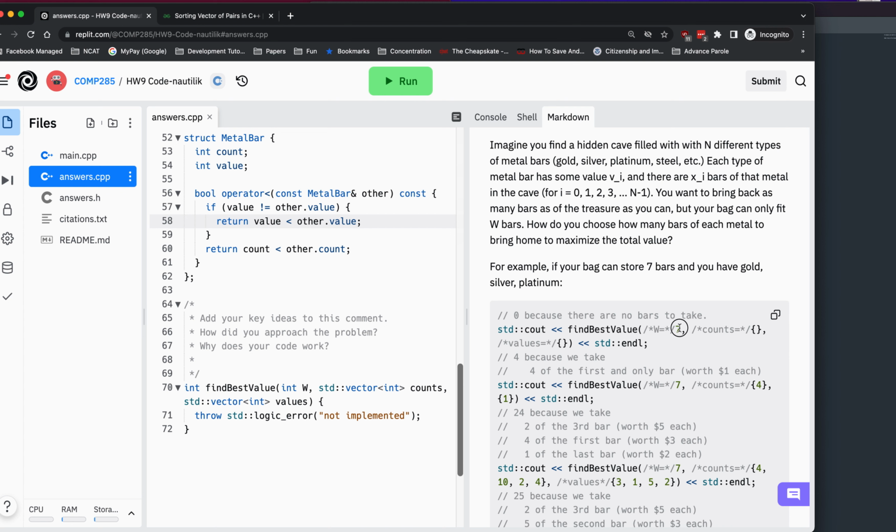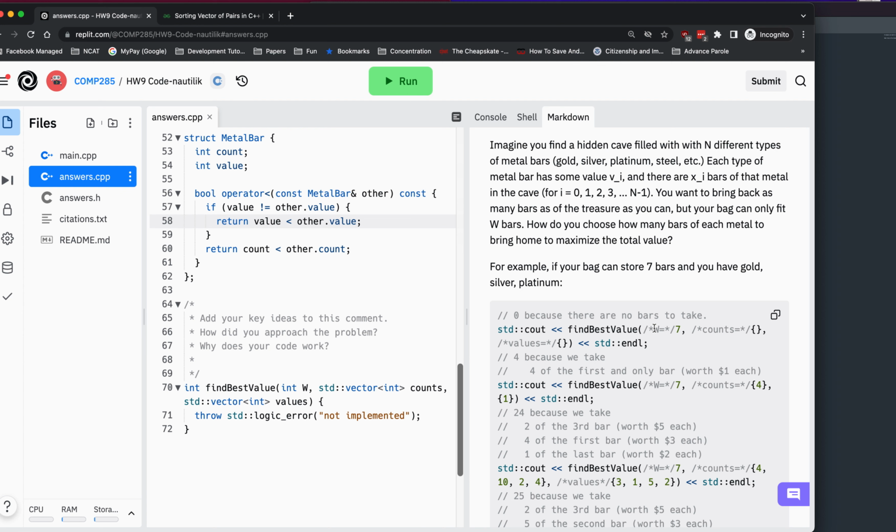So again, the difference here between knapsack and what we're doing now is that in this case, each bar weighs the same, right? So you can bring at most W bars, but each bar weighs the same. So you're not worried about accidentally taking the most valuable bar and that preventing you from taking 2 bars that would have actually been more valuable together, right? Because every bar here actually weighs exactly the same.